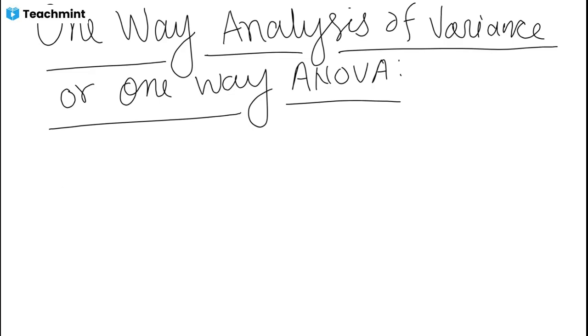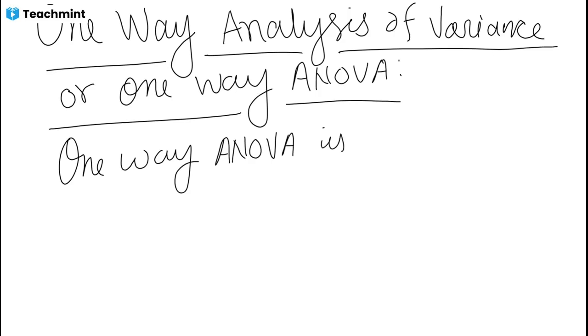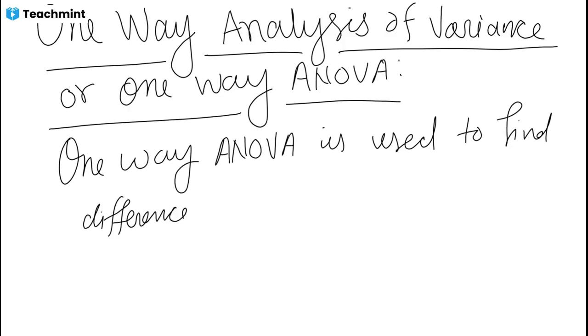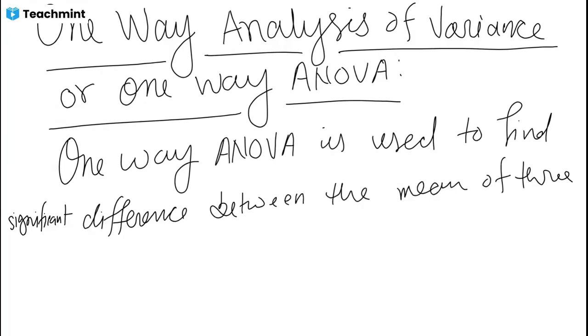One way ANOVA is used to find significant difference between the mean of three or more groups.